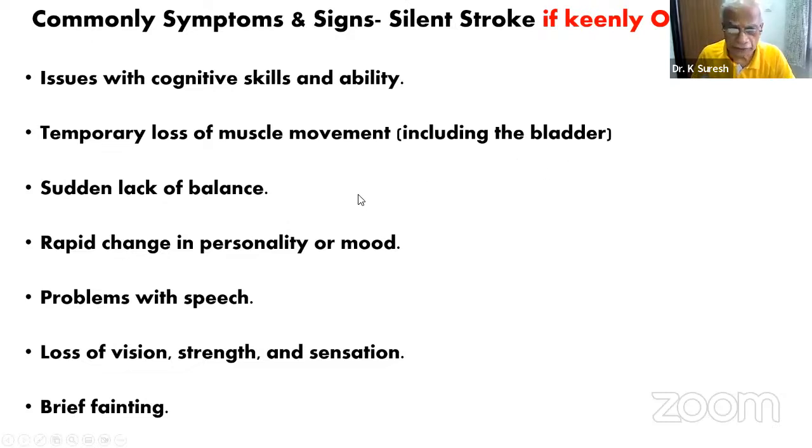Sudden lack of balancing. This again is a contradiction because after the age of 60, most of us start finding it difficult to balance. There are two simple tests we do. Stand on one leg. Not many of us can stand on one leg for more than 30 seconds.